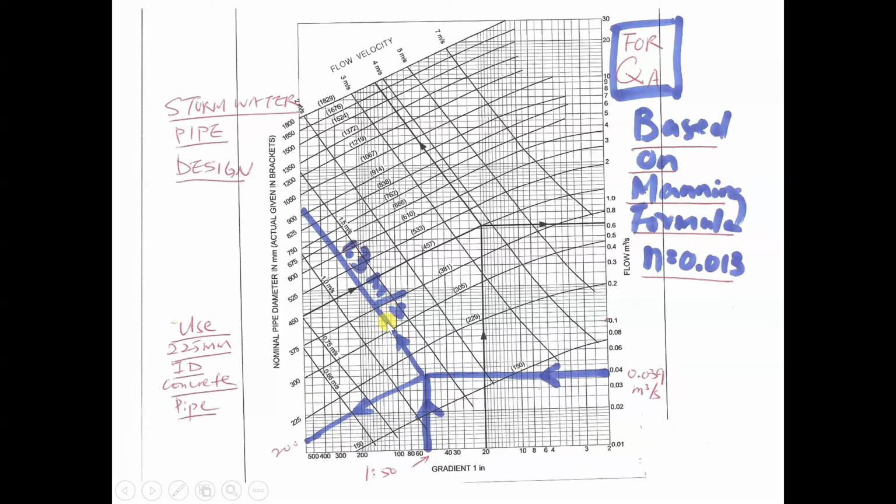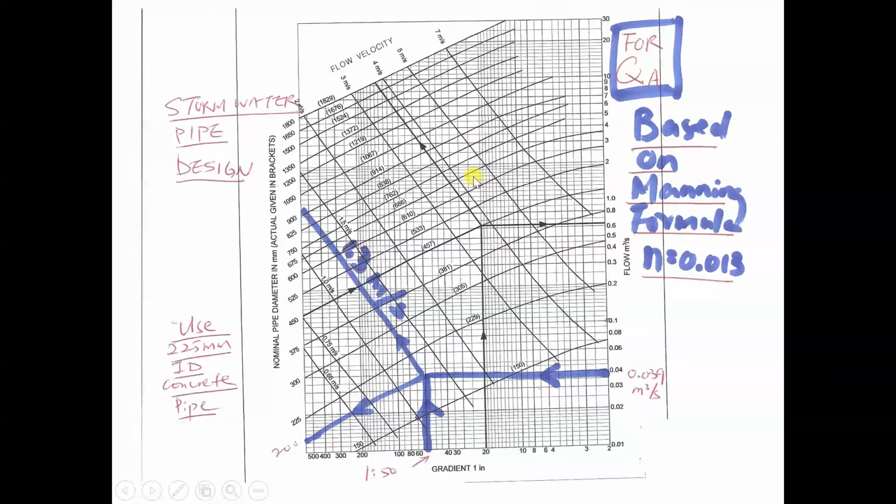Okay, so the velocity here is 1 to 1.5, so about 1.3. It's not too excessive. We have to check the pipe flow. If it's too high, let's say 5 or 7, the speed is too high.